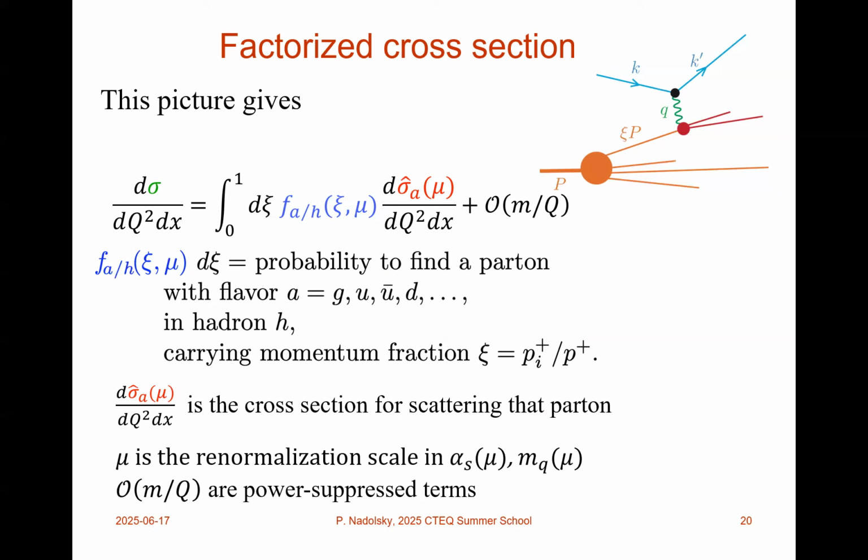There is no soft divergence at leading order, because to have a soft divergence you need to radiate something, and here you don't have radiation yet. The radiation will happen here at higher orders, and it will also happen at order M over Q. Of course, it's much more complicated at order M over Q. In fact, I don't know if people can calculate it there. Other questions?